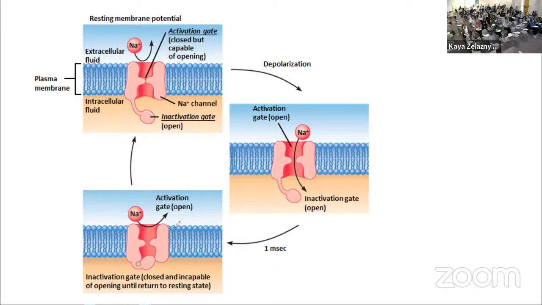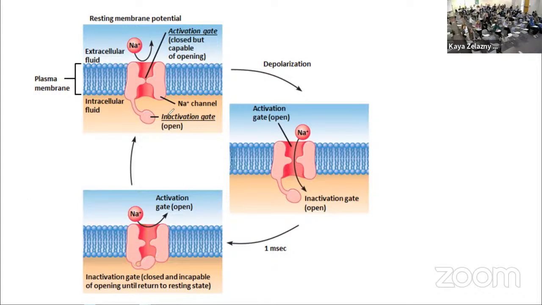What happens first is that after a millisecond, that inactivation gate that has been open until now swings through and closes up that inside part of our sodium channel. So sodium could still go through the activation gate, which is open, but it can't travel all the way in because it gets stuck here on the inactivation gate.